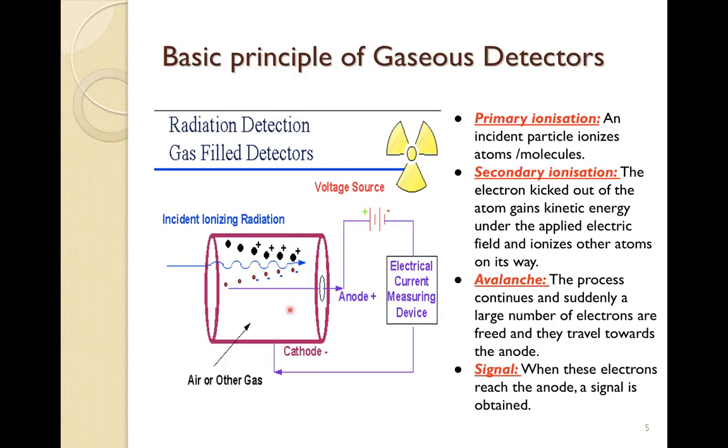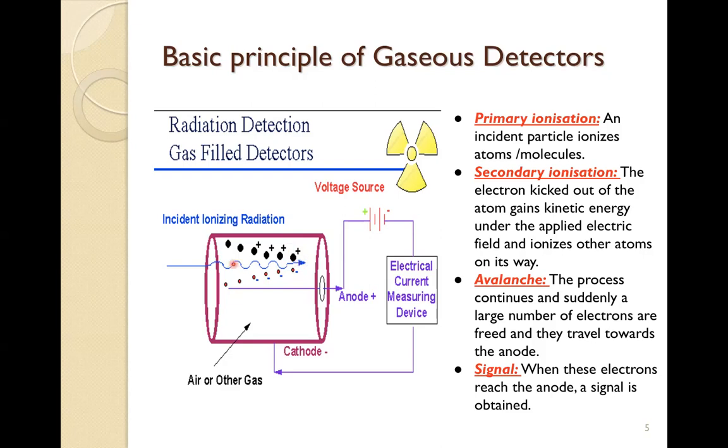Once the ionization takes place, electrons will go towards the anode, which is positive, and ions will move towards the cathode. This is a very general and basic principle. Now, the question is how fast these electrons and ions will move. All of you know that electrons are very light particles, so they will move very fast, and ions will move very slowly.